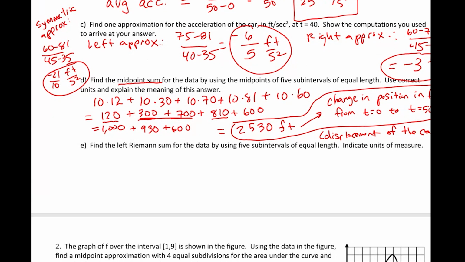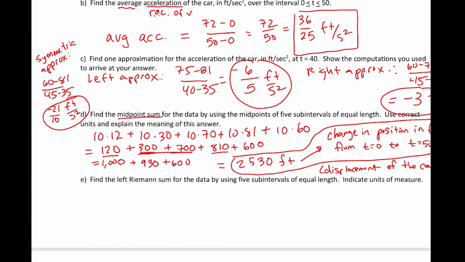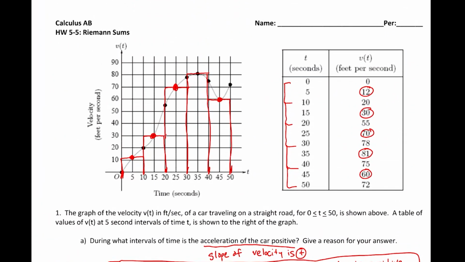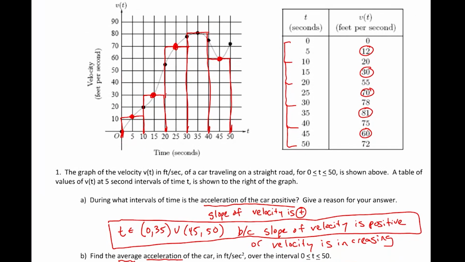Letter E says find the left Riemann sum for the data by using 5 sub-intervals of equal length. Indicate units of measure. So we're going to basically do the same thing, except instead of using these midpoints, we are going to use the point on the left of the interval. So I'm going to erase all these rectangles here, but keep my partitions. Since we're still doing 5 intervals, we're going to leave the partitions where they are.